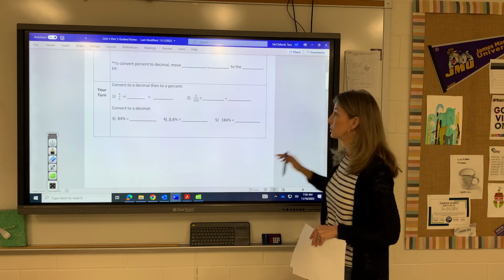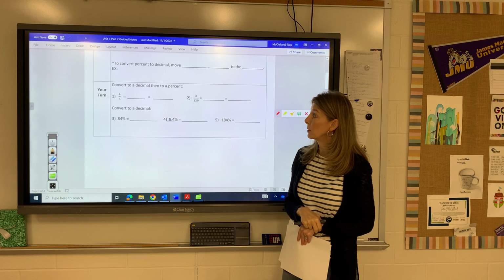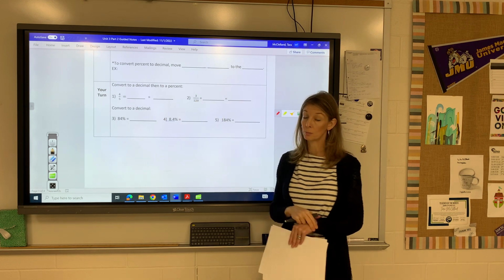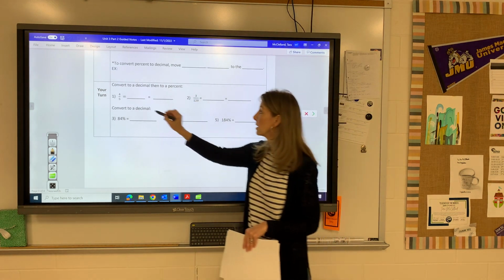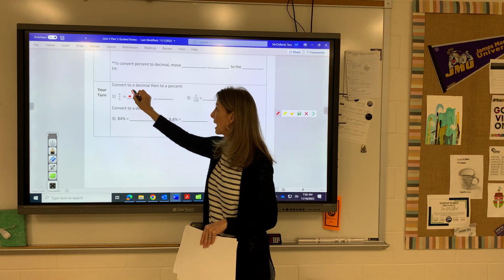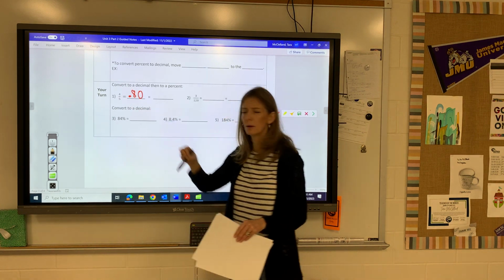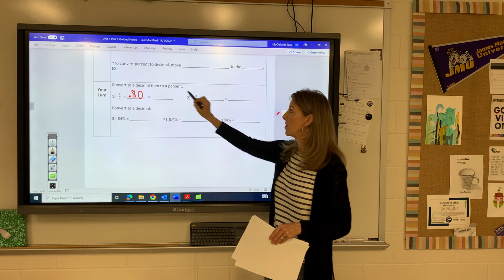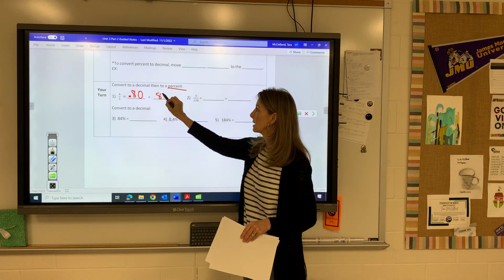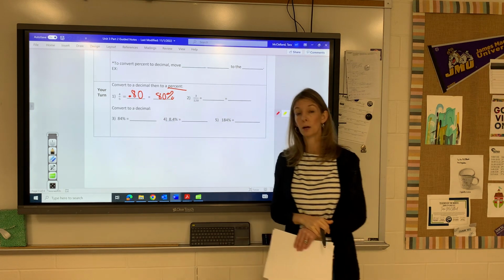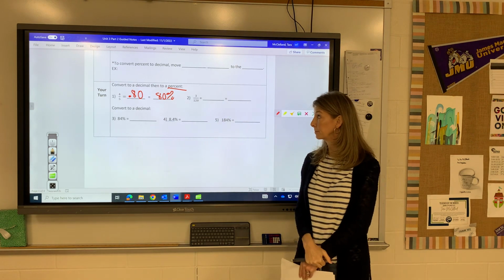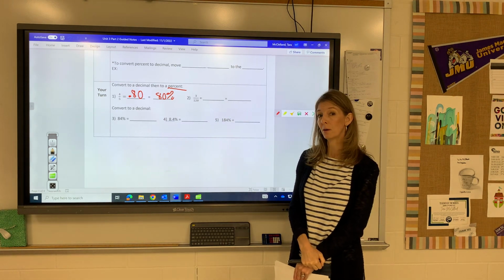Taking a moment here to look at these. If we convert to a decimal and then to a percent, if we have 4/5, we convert this to 0.8, or of course, if you want to put 0.80, that's fine. And then as a percent, it becomes 80%. How about this one? 3 divided by 120.